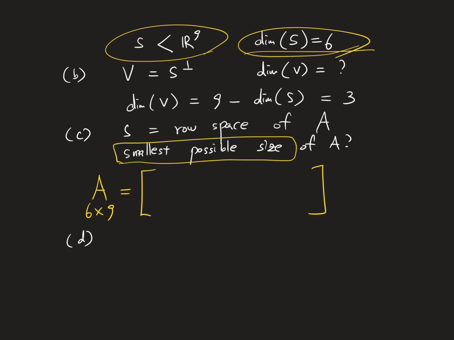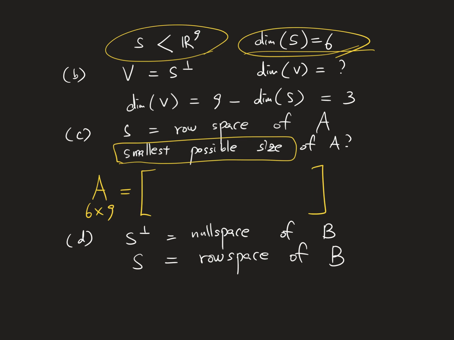Part d: S perp is the null space of B. So we can say S is the row space of B. In that case, what is the smallest possible size of matrix B?